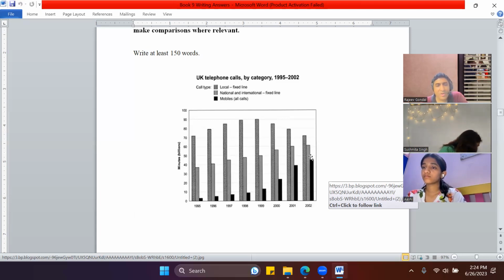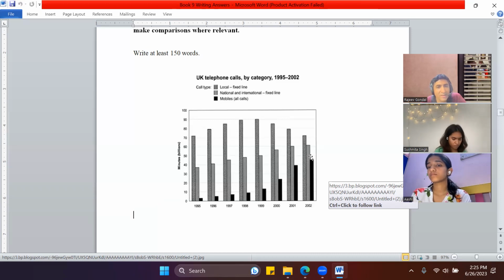And then you can talk about the last one, that while mobile phones were the least popular ones, they showed an exponential growth moving from 1996 to 2002. The starting number is actually small, but exponential growth is a very big growth happening here.